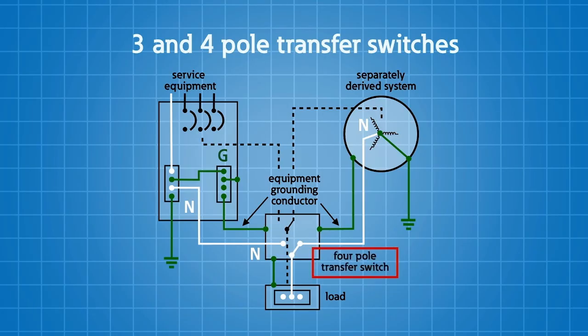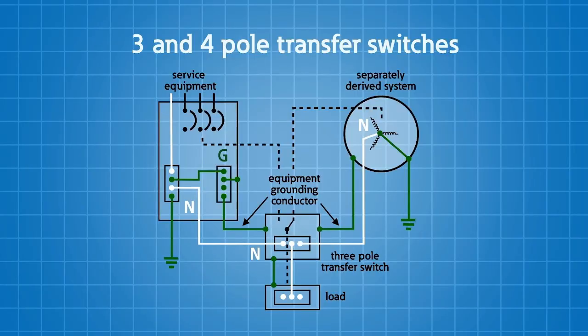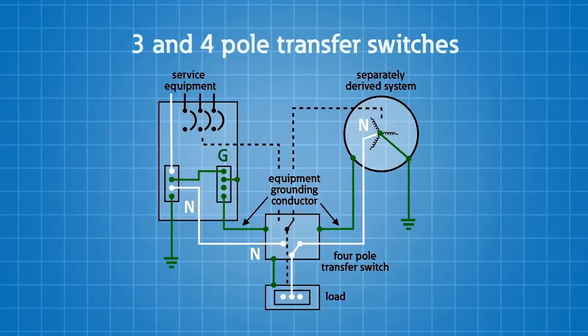If I do that, I put a 4-pole transfer switch in, I switch the neutral, everything is fine. A separately derived system implies that you would have a grounding electrode system and you would bond the neutral, the grounded conductor, in the generator with that system.